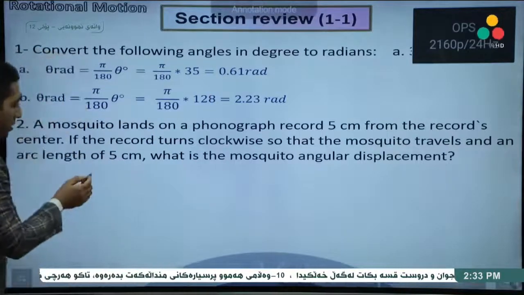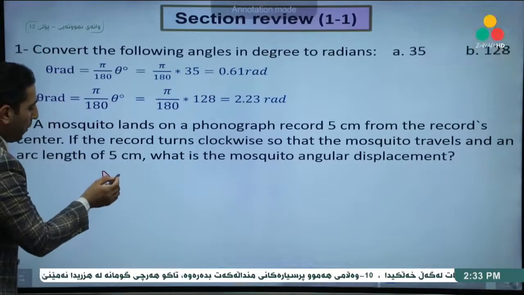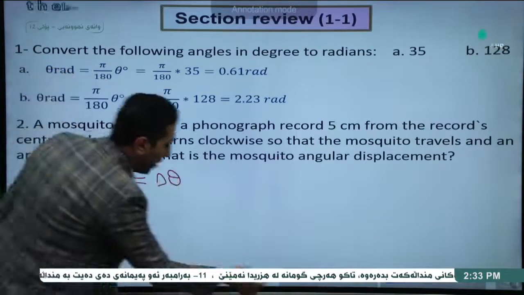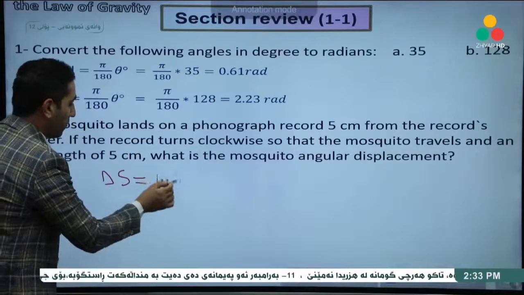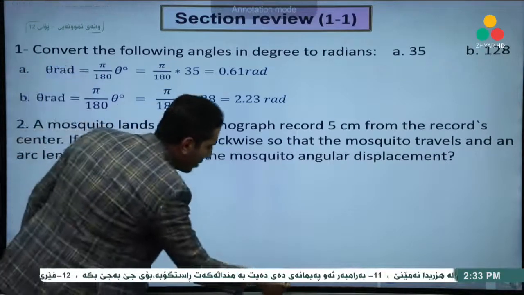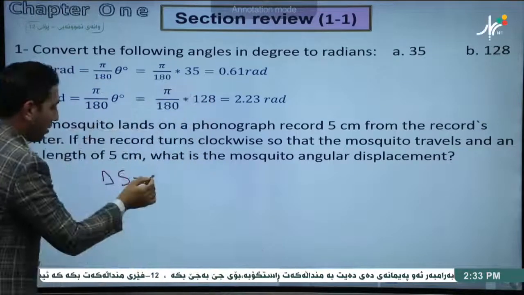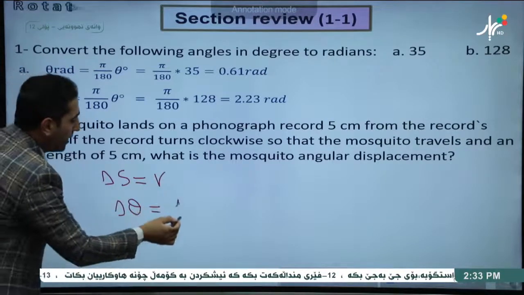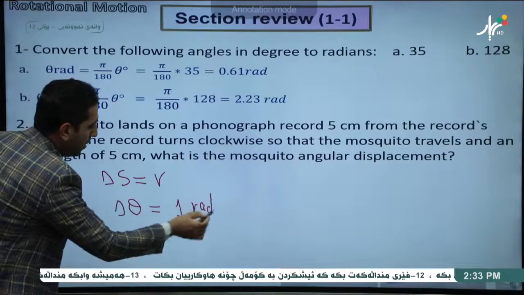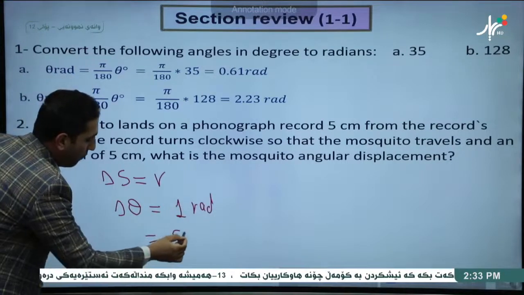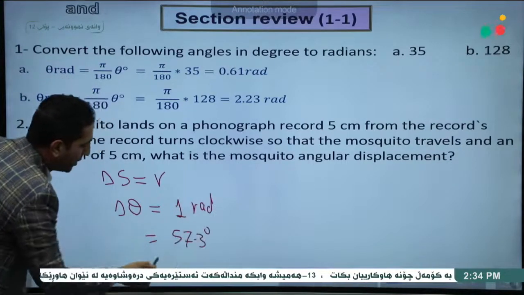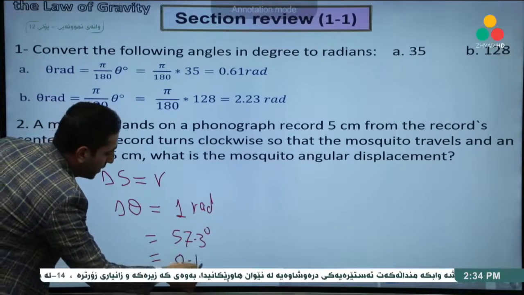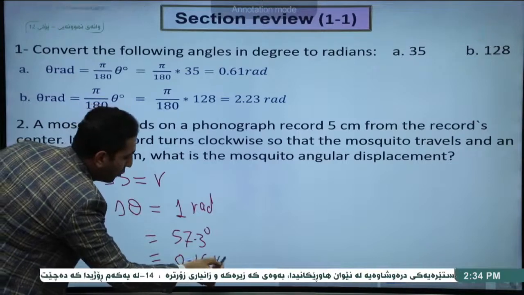Do you know what I told you, that when delta S is equal to the radius, delta theta is equal to 1 rad, and 57.3 degrees, and 0.16 revolution.